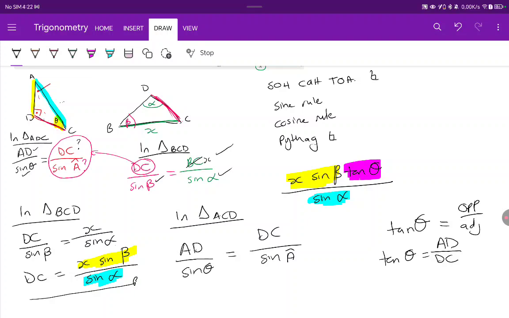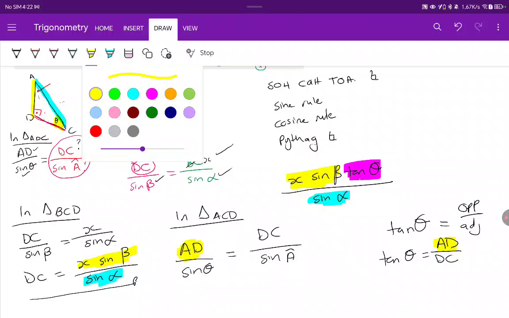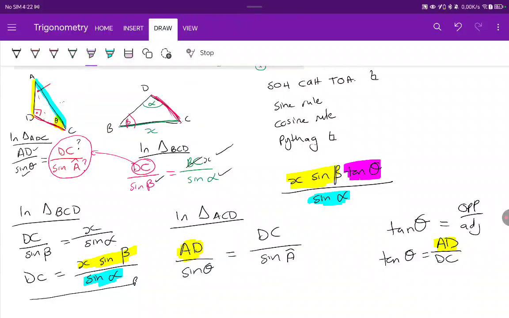Now, can I actually use those? Do I know what each is? So let's double check. Do you know what AD is? Well, AD we're trying to solve, right? But what about DC? You know what DC is. DC is right here. DC is all of that. So we have DC.